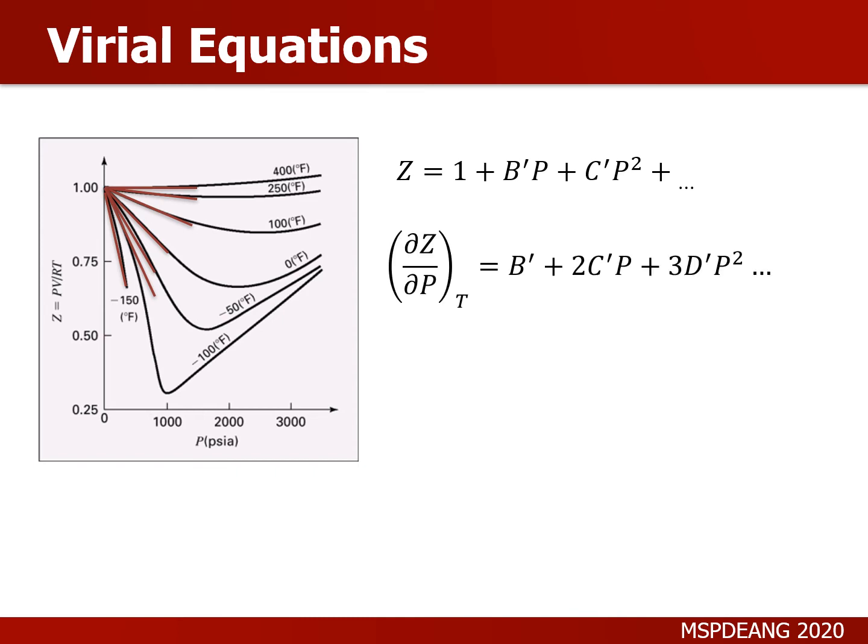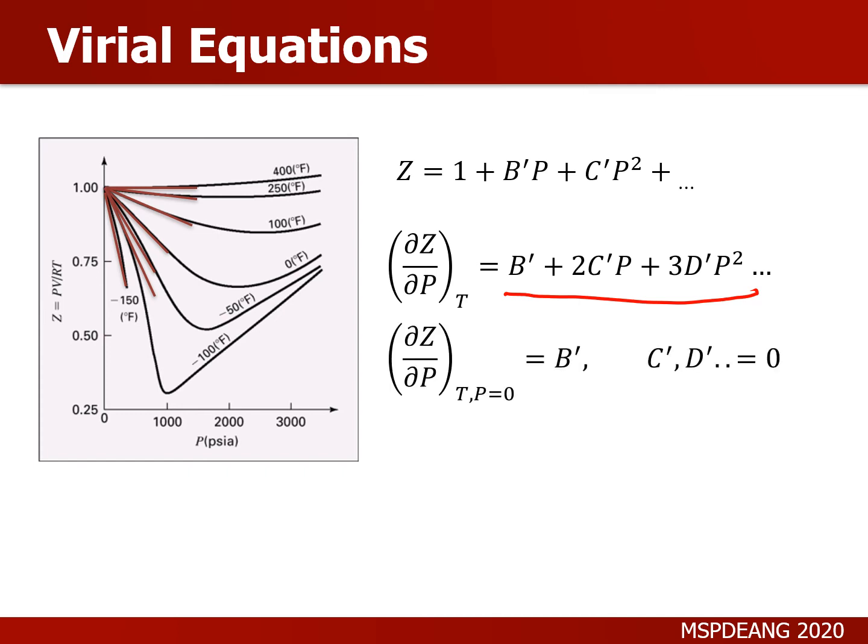So if you take the derivative of the virial coefficient holding T constant, you can now have the first derivative, and as you can see, as P approaches 0, the first derivative at P equal to 0 is just equal to B prime. So constant ang ating slope, okay, at low pressures, and C prime and D prime is equal to 0.